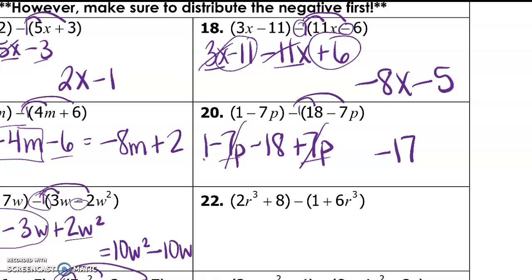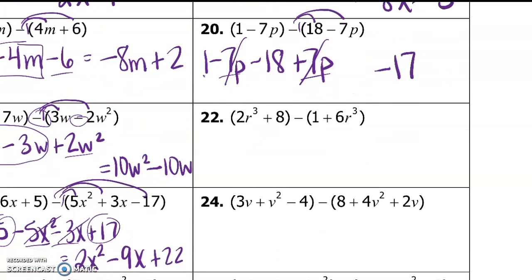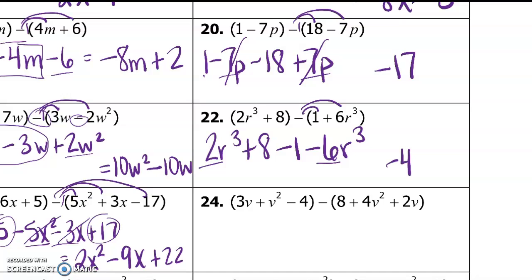In this case, negative 17. 22, 2r to the 3rd plus 8. That one doesn't change. Then we distribute minus 1 minus 6r to the 3rd. So 2 minus 6 gives me negative 4r to the 3rd. 8 minus 1 would give me plus 7.